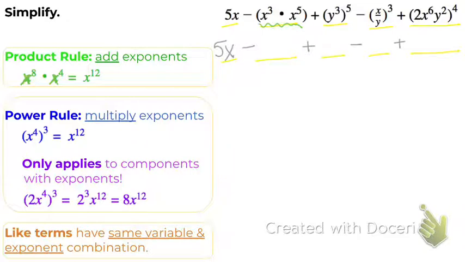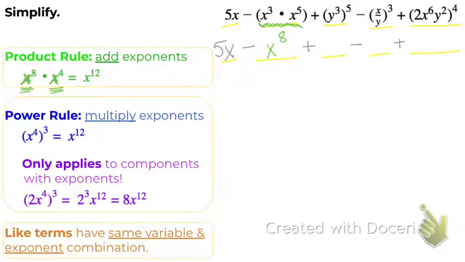What this is saying is x is being multiplied together 8 times and x is being multiplied together 4 times. So you're just asking yourself, how many times in total is x being multiplied together? 8 plus 4 more is 12. So in this case, how many total times is x being multiplied together? 3 and then 5 more is 8.